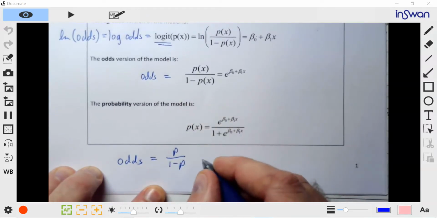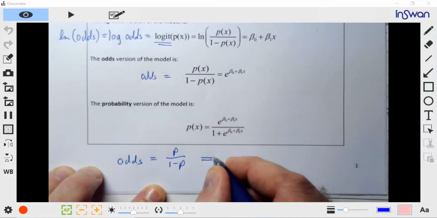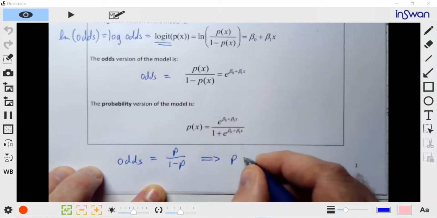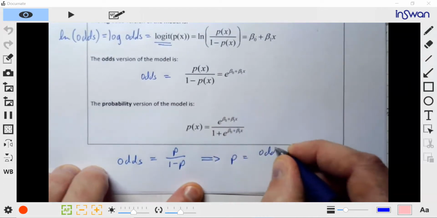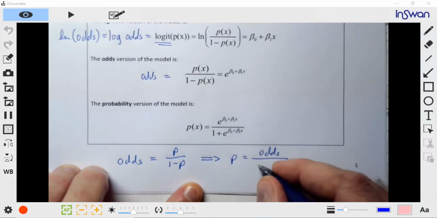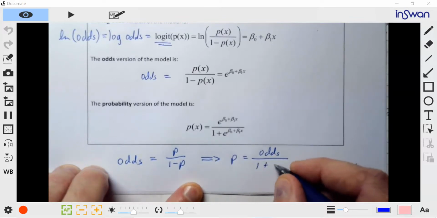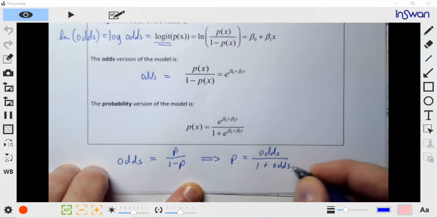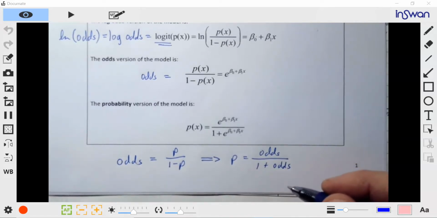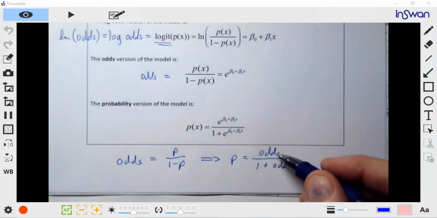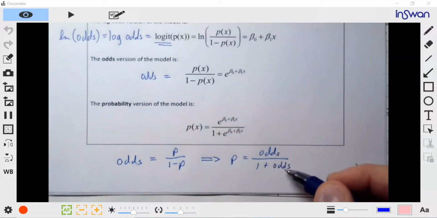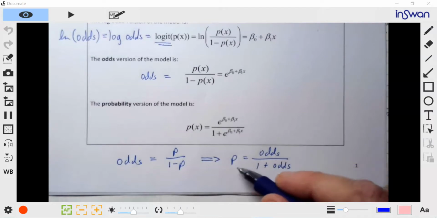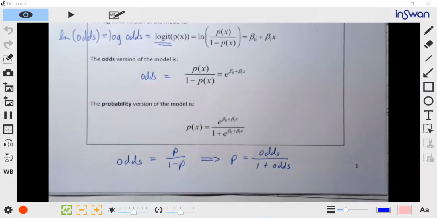You can solve that algebraically, just like we did in the last set of notes, to show that P is equal to odds over 1 plus odds. So again, if I gave you the odds are 3 to 1, we could put 3 over 1 plus 3, or 4, so 3/4, the P would be 0.75, just like we showed in the last set of notes. If the P is 0.75, the odds would be 3.